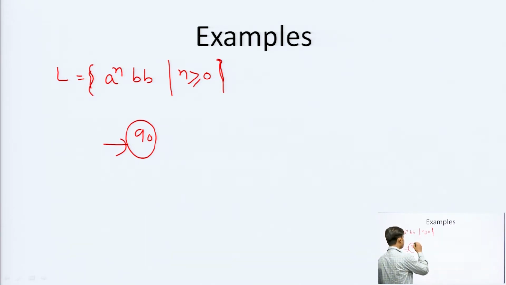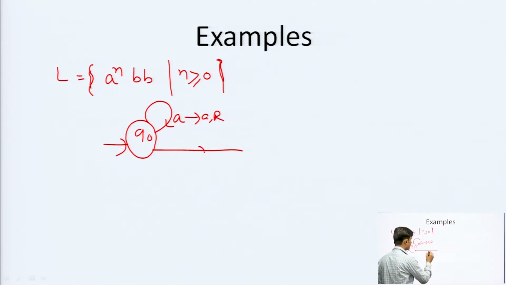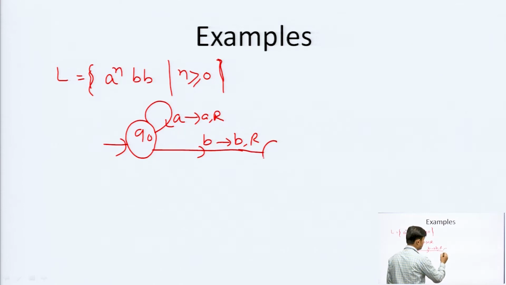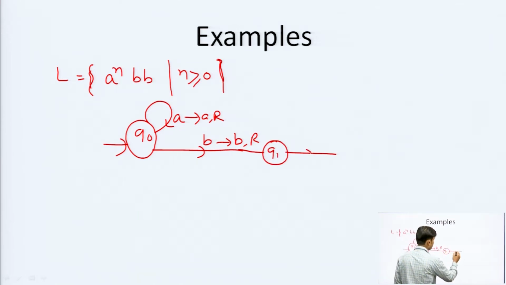So, here this is A, R, then we have B, R, then we have another B.